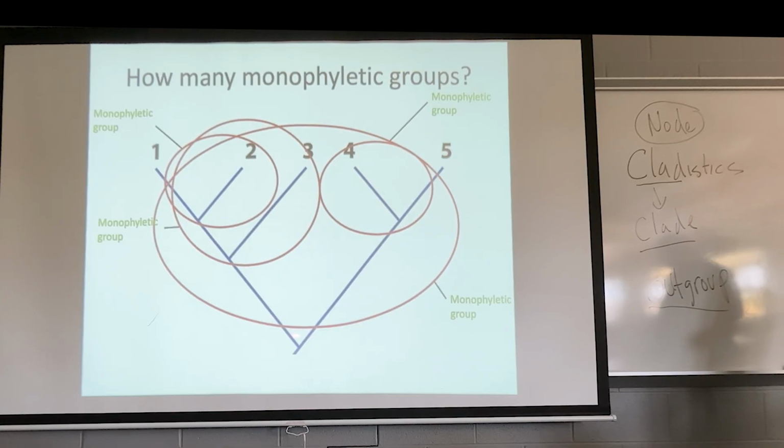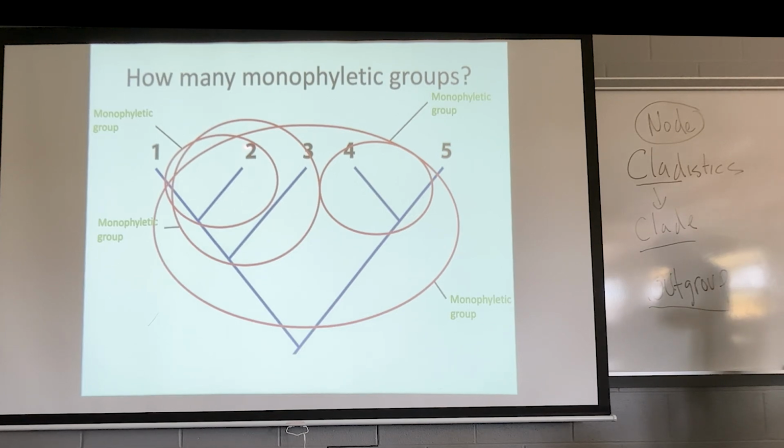So this, way back in the day, would be a larger taxon like an order or a class, right, or a phylum. These up here, like this one here, might be a family, and this might be a genus. Does that make sense? So the bigger taxonomic groups are older.